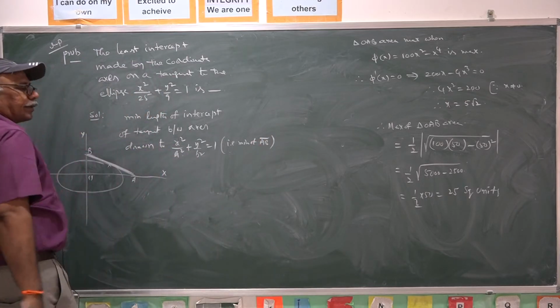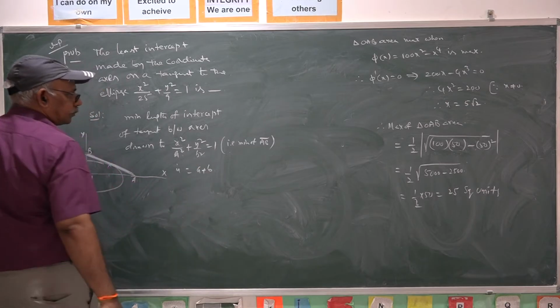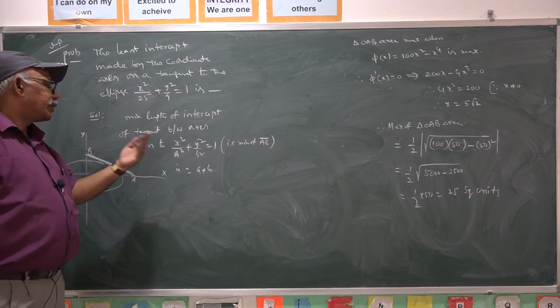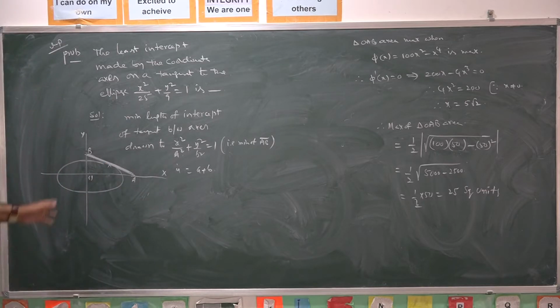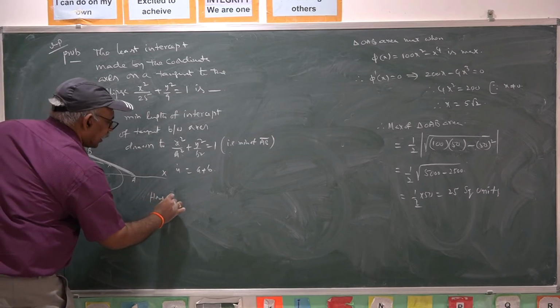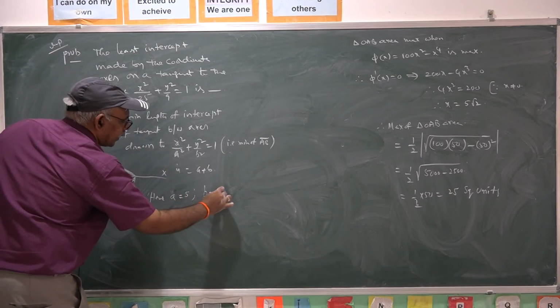As per our figure, the minimum of AB is given by a plus b itself. That is the formula. So minimum length of intercept of tangent between axes drawn to x square by a square plus y square by b square equal to 1 is a plus b itself. Based on this, here a takes the value 5, b takes the value 3.